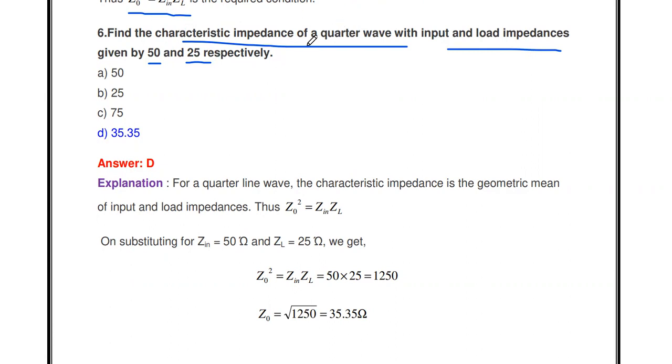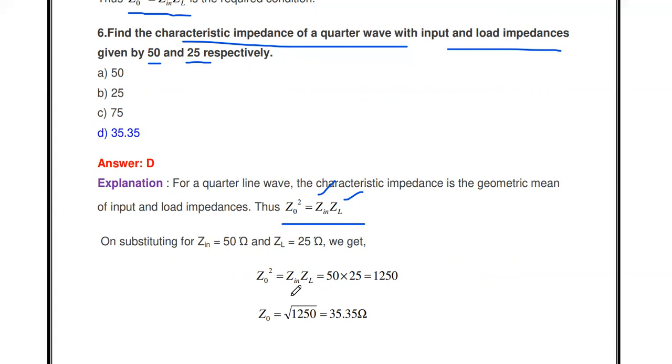We have to find the characteristic impedance. You already know the relation between the characteristic impedance, input impedance and load impedance of the Quarterwave transformer. This is a very important 2-mark problem. Z0 squared is equal to Zin into ZL. Zin is given, ZL is given, so you just substitute the values.